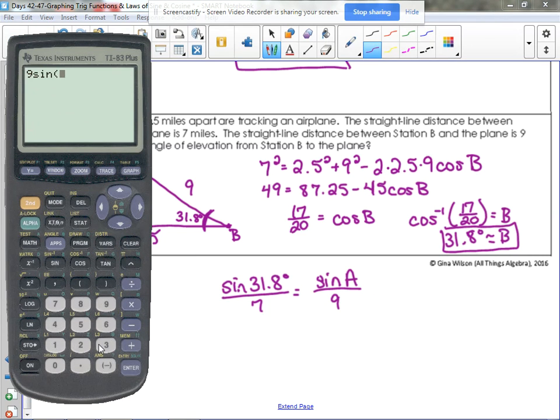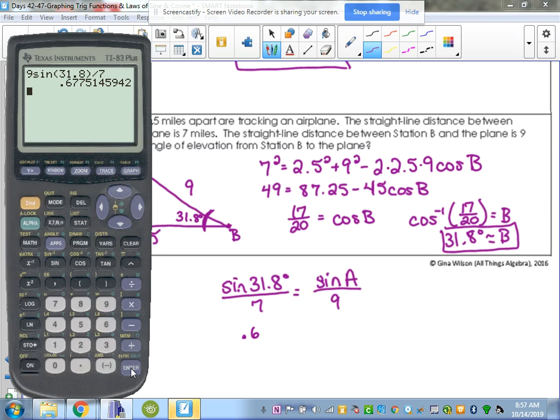So cross multiply and divide by the 7. So that number is approximately the sine of angle A. So we want to do the inverse of that number. So 42.6 degrees is approximately angle A.